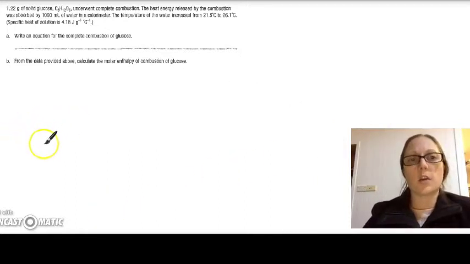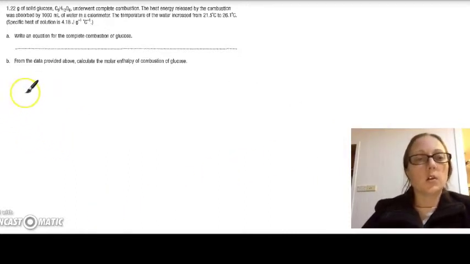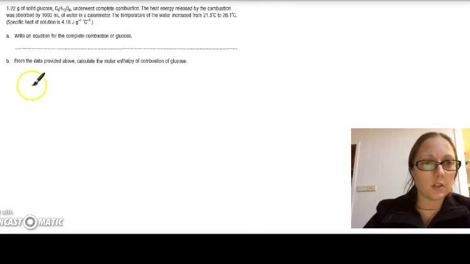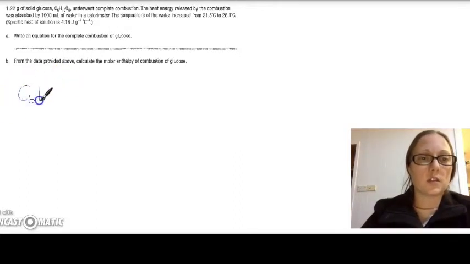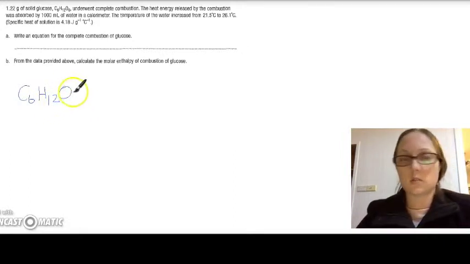So what about the equation in this reaction? We have glucose undergoing complete combustion. So let's start writing glucose. We're given it in the equation. So we have C6H12O6.